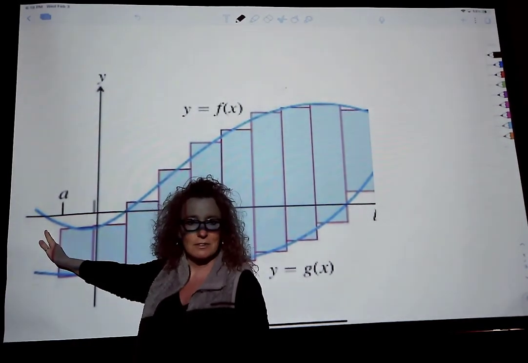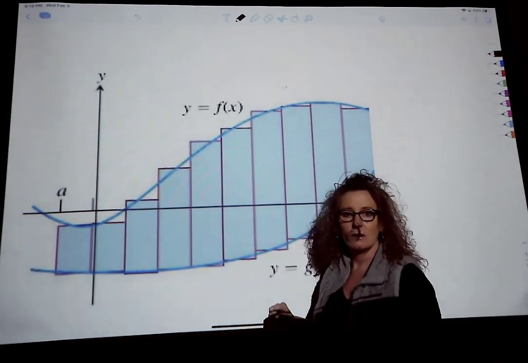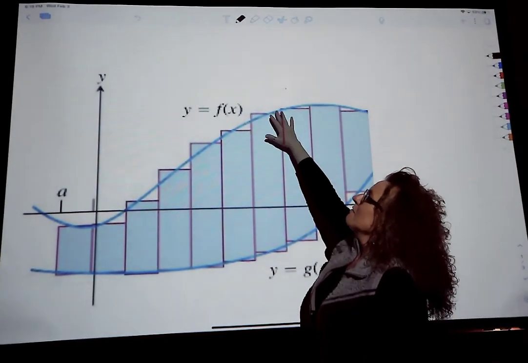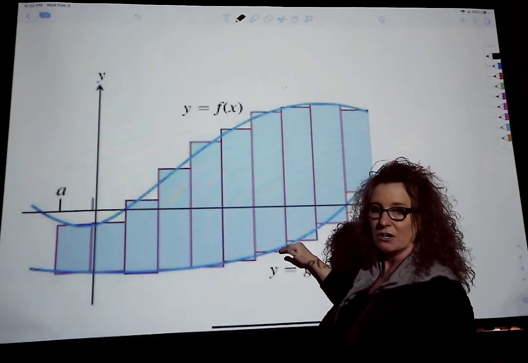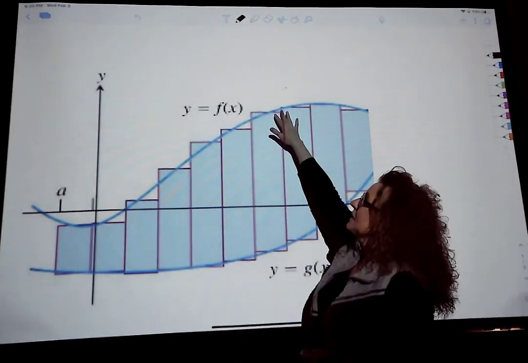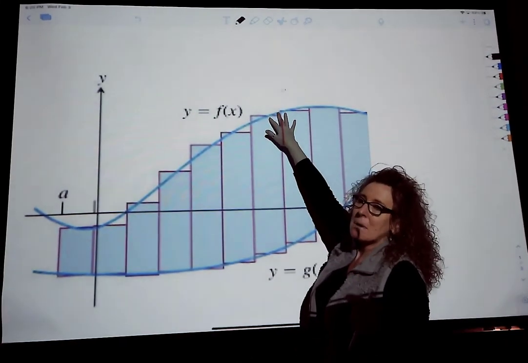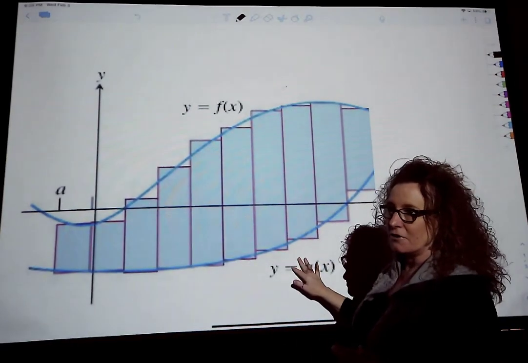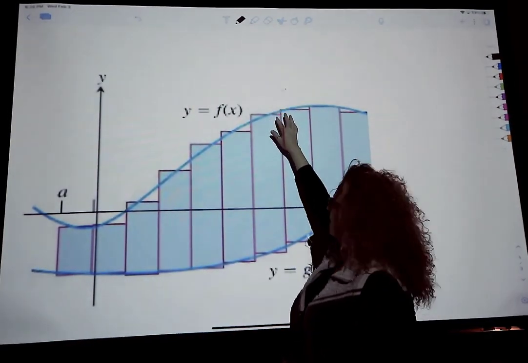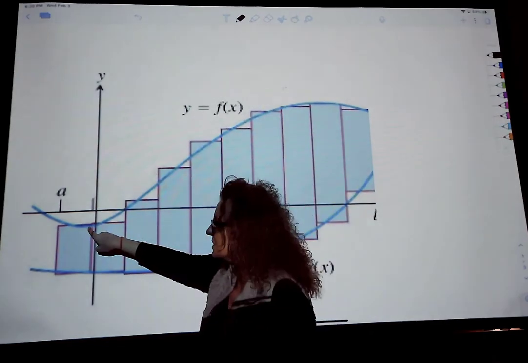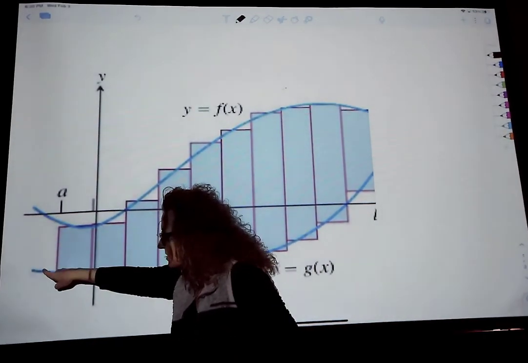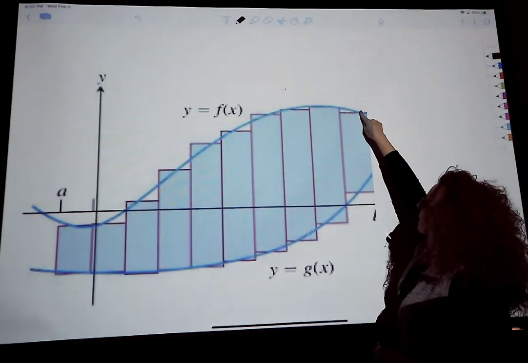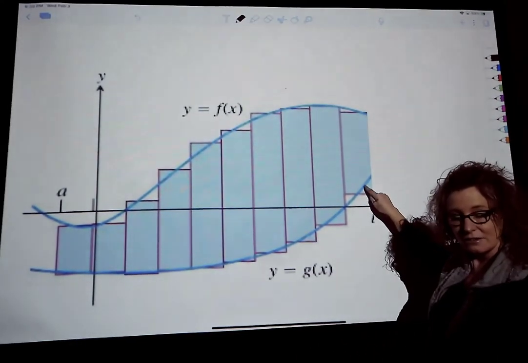Of course. What about y's? Y values up here are higher than y values down here. That's why we want to take the top function minus the bottom function. This is a higher y value than this is. This is a higher y value than this is.